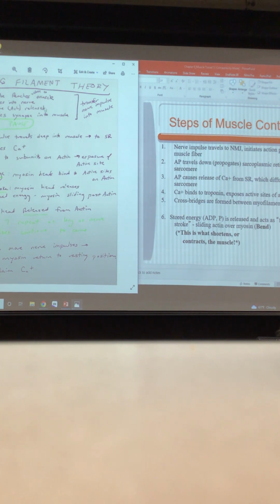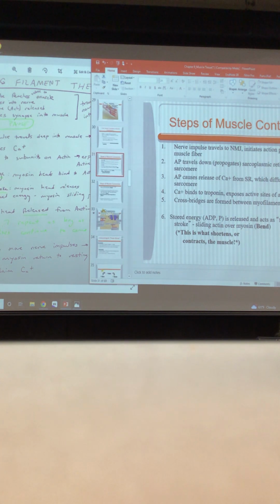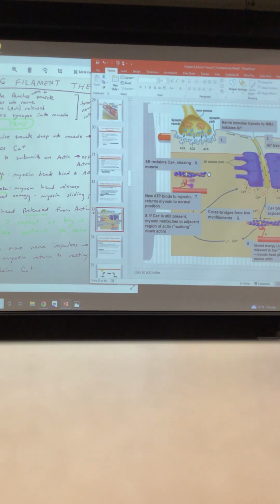This might be a good way to summarize it. I also have a little, quote unquote, picture here. It's kind of weird, but look, step number 1: the nerve impulse came down, those steps happened, and the nerve impulse traveled into the muscle.